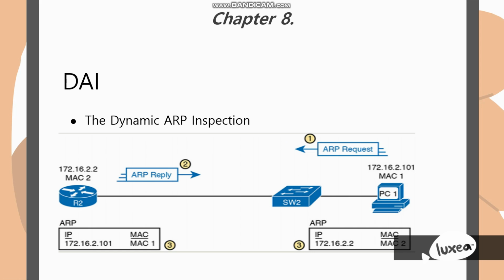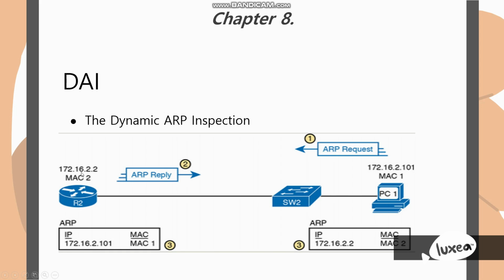Okay, next, DAI, dynamic ARP inspection. The switch examines incoming ARP messages on untrusted ports to filter them. This is the typical sequence. PC1 wants to send an IP packet to router 2, which is the default router, so it sends an ARP request for router 2.